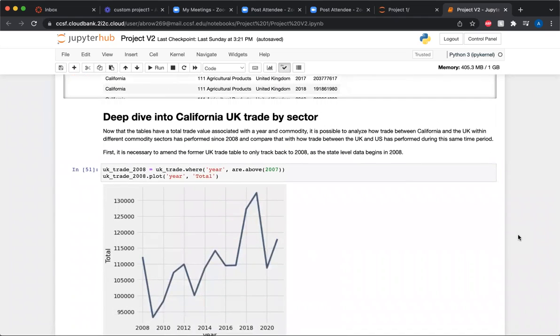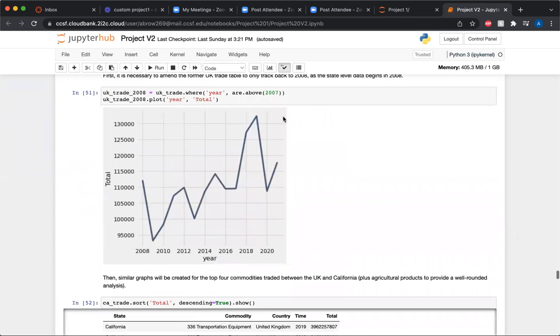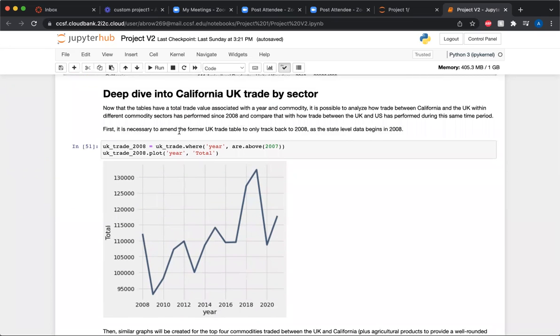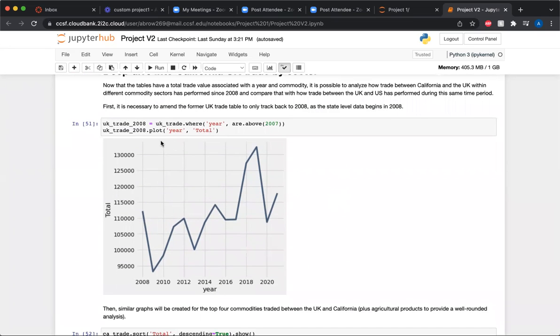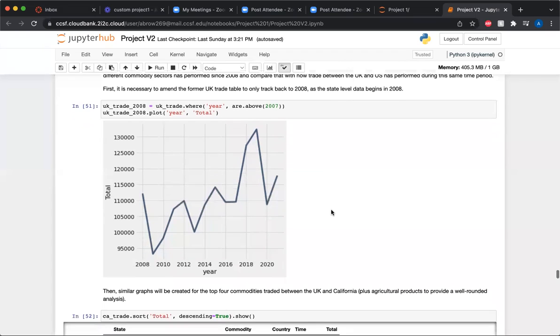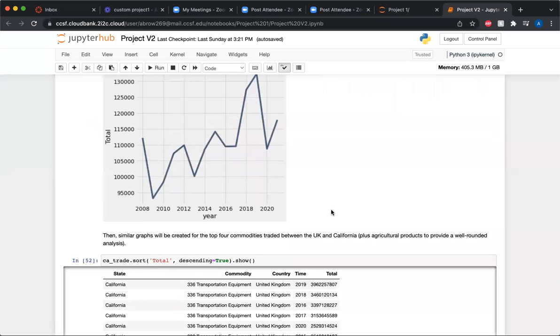But then, I dove into UK California trade by sector. Before that, this is actually another limitation of the data: it only went back to 2008, the commodities data. So I edited the initial UK US trade graph to just go back to 2008 and see if there are any differences between UK US trade more generally and California UK trade with respect to specific commodities.